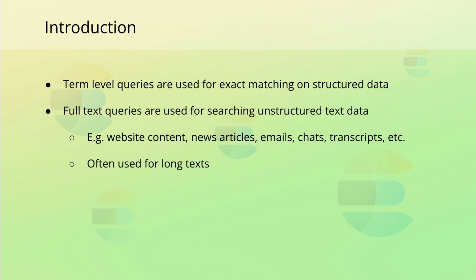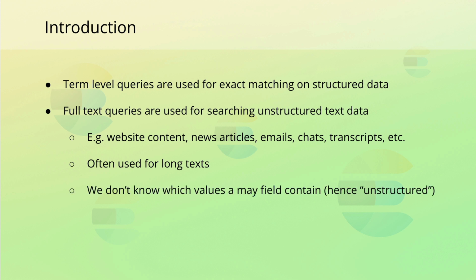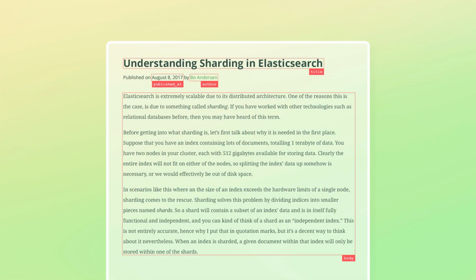Although not a requirement, these text values are often quite long, which is why we cannot feasibly perform exact matches on them. As you know, that's a job for term-level queries. Suppose that we have a posts index containing a number of blog posts. Here's one example of what a document looks like. The title and body fields are of the text data type. If we were to search for the word sharding, this document would match because it contains the word several times.